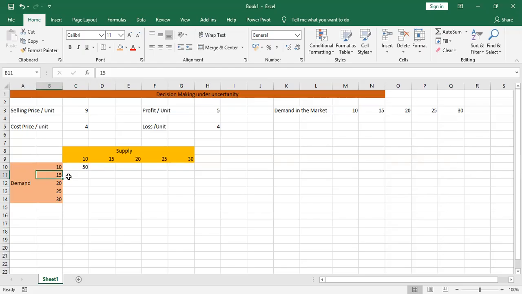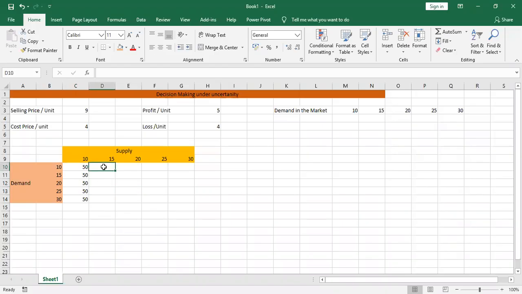I cannot give newspaper to the rest of 5 customers. That means my profit remains same, because I supply 10 unit and demand is equal or more. That means I can't earn more than 50 rupee.